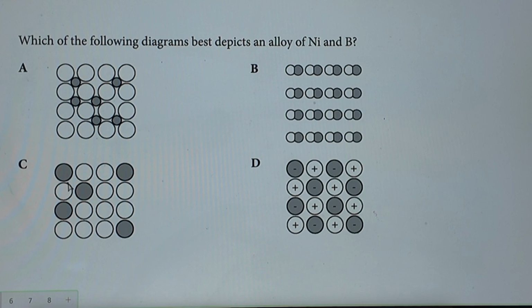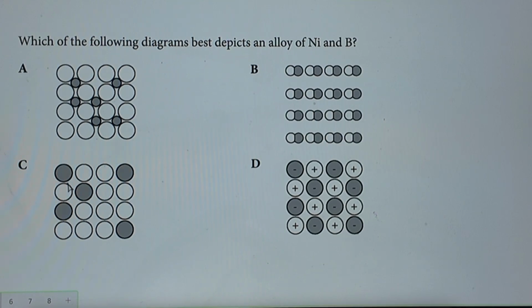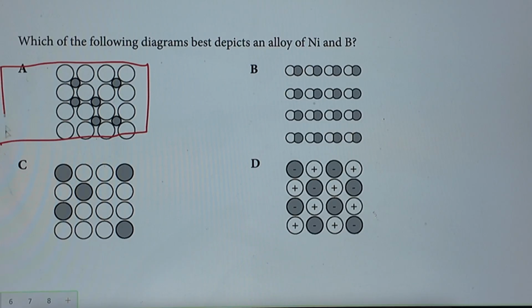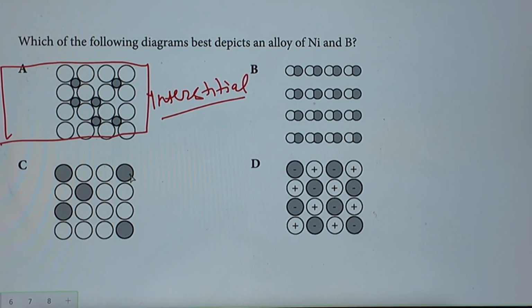It has an atomic number of 28, and boron, I believe, is just a good old 5. Right, so nickel is a lot larger. So this could only be one thing, and it's A. It's interstitial. Again. Okay.